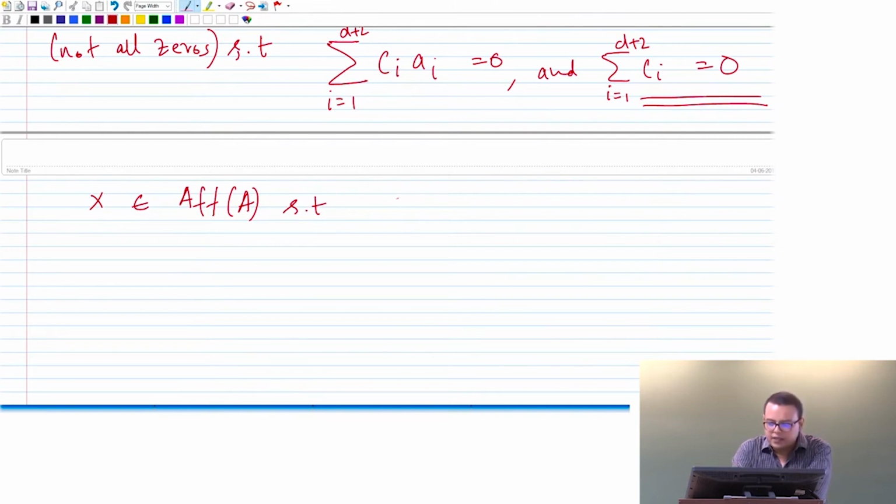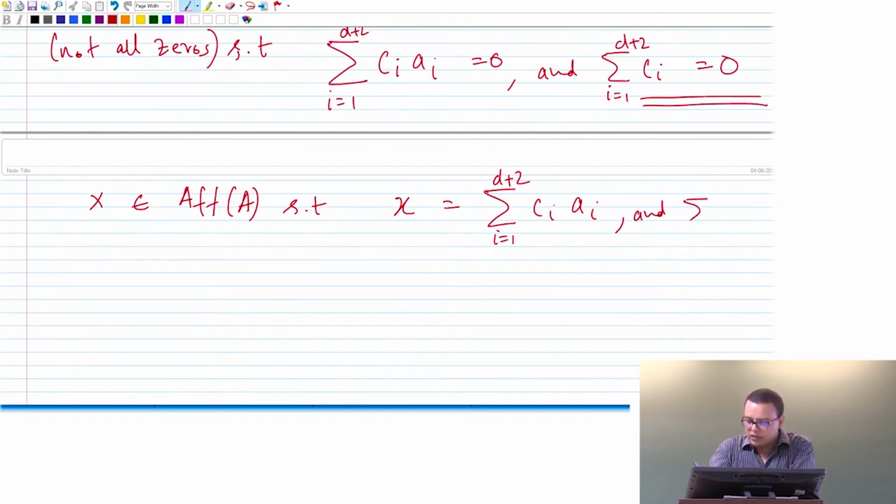I can write x as summation Ci Ai, i equal to 1 to d plus 2, with summation Ci equal to 1. It has another representation, summation Ci prime Ai, with summation Ci prime equal to 1. These two are equal, the same point.